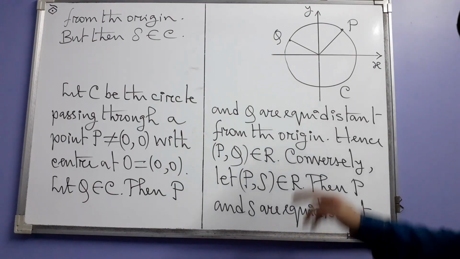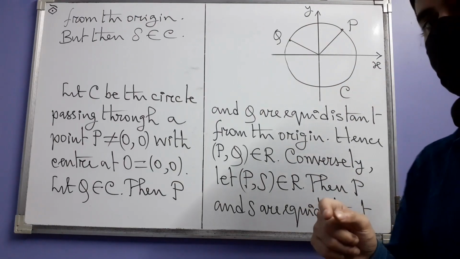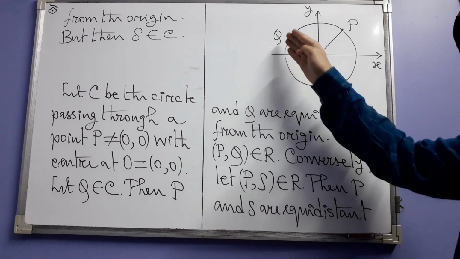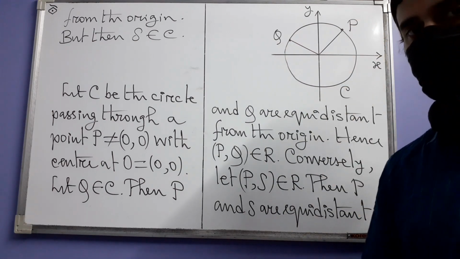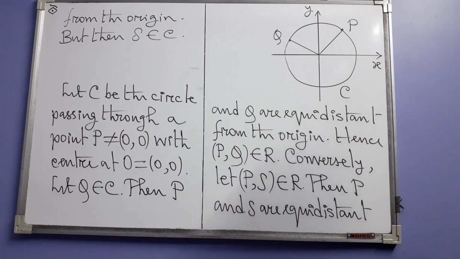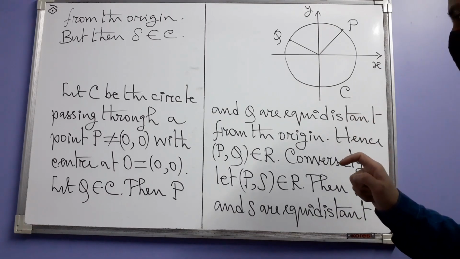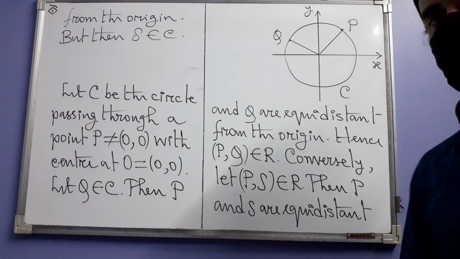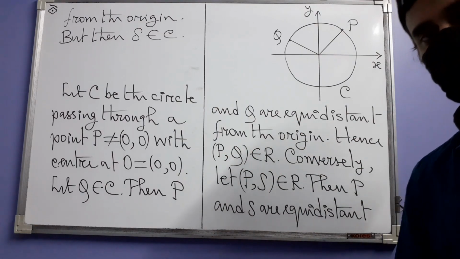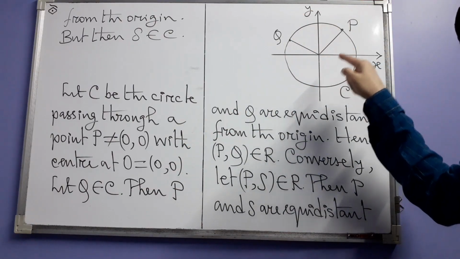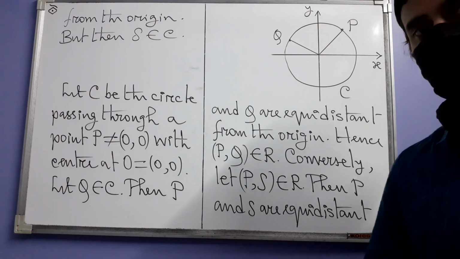Well, that is because they lie on that circle which has the origin as its center. So obviously these two distances will be equal. They are equal to the radius of the circle. And that is why, by the definition of our relation R, P is related to Q. P comma Q belongs to R.